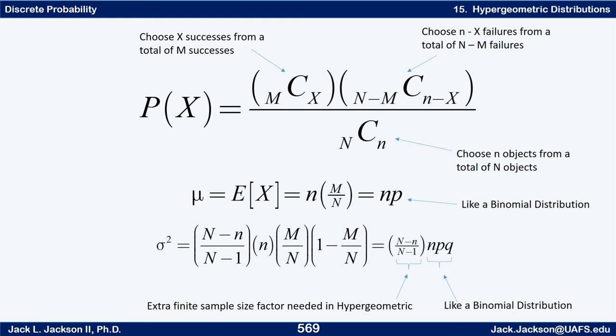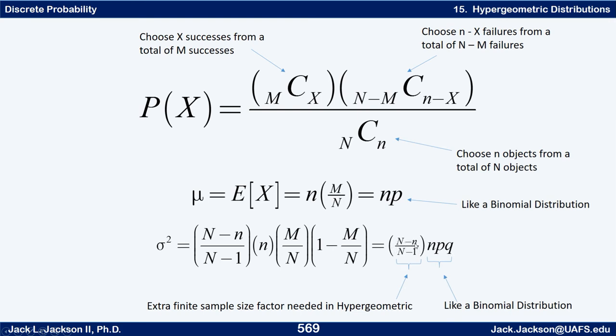Now, in a binomial distribution, the probability of a success on any draw is P. But in a hypergeometric, the probability of a success on the second, third, fourth, whatever draw depends on what happened earlier. But for the first one, the probability is P, which is big M over big N. Now this is the formula that it turns out to be for the variance, which reduces to just like a binomial, n times P times Q. But then you have this extra factor.